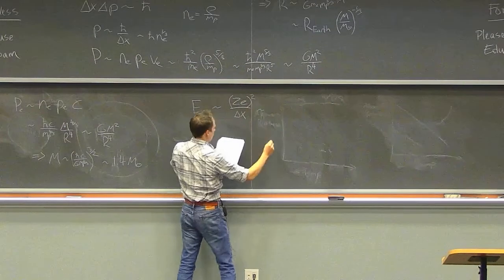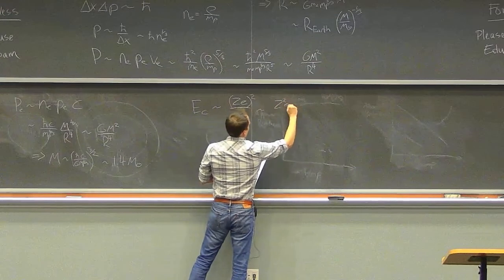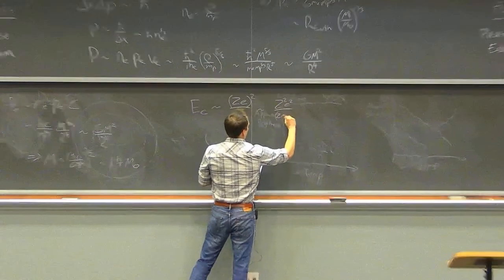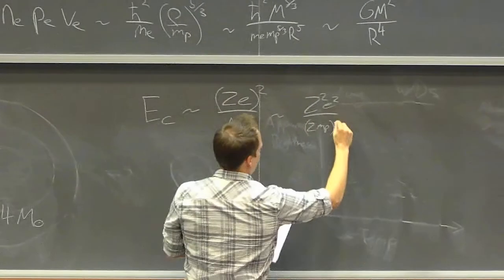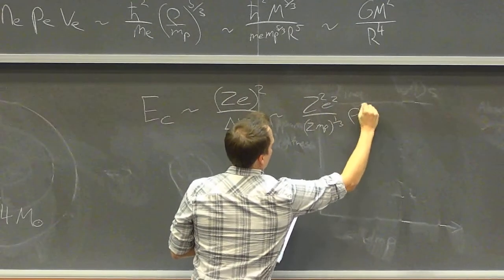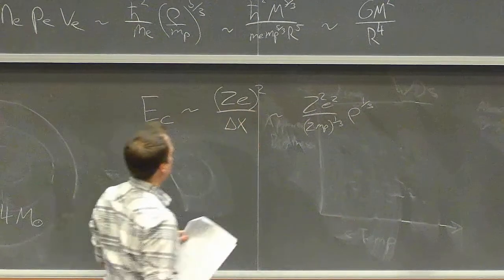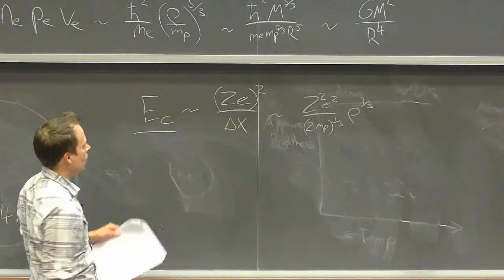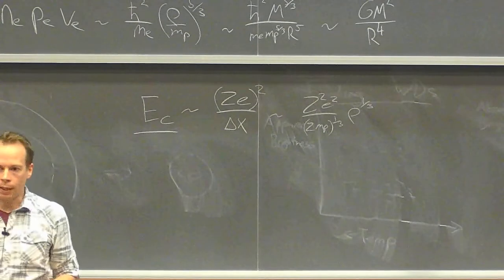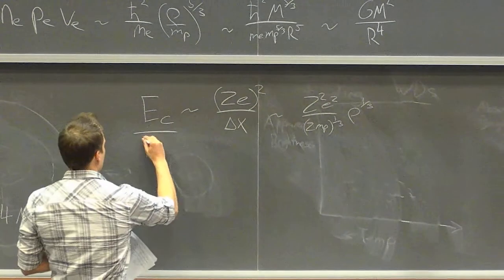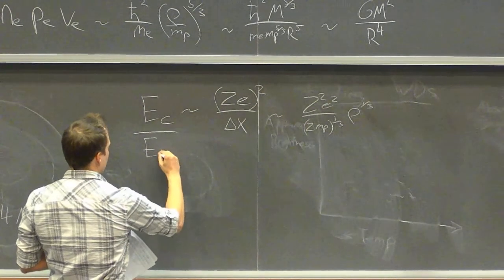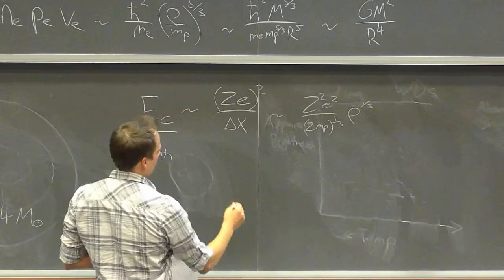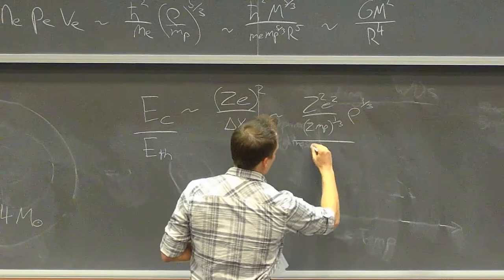So this is basically charge squared, and I'm going to put in the same expression for delta X, which goes like rho to the 1/3. What we want to compare this attractive energy scale to is the thermal energy scale of the ions, which is basically just k_B T. So I'm going to divide this by k_B T.